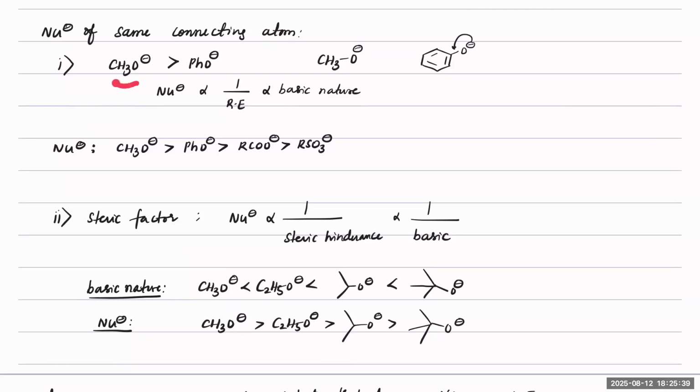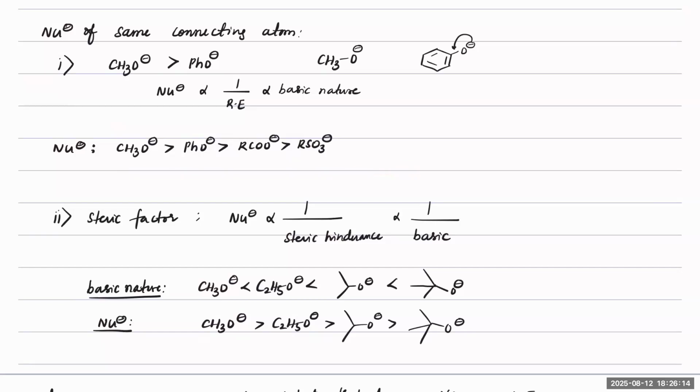For example, if you're comparing CH3O minus and PhO minus, in CH3O minus the electrons are localized. There is no resonance here, but this phenoxide will have oxygen which would show resonance, right? So that means CH3O minus would have more nucleophilic strength compared to PhO minus, then RCOO minus, then RSO3 minus, because these two also have resonance, and this is coming from their acidic strength.